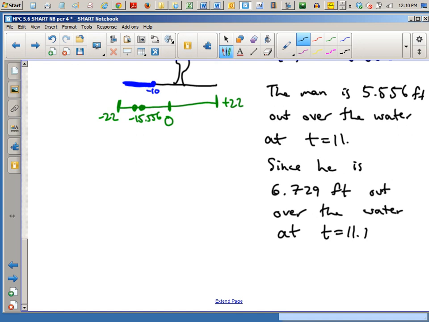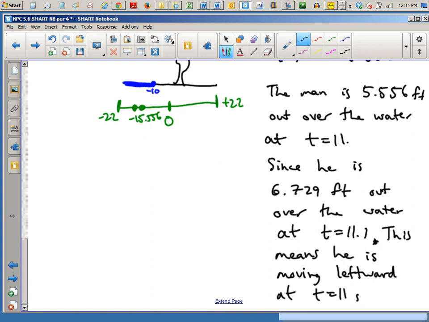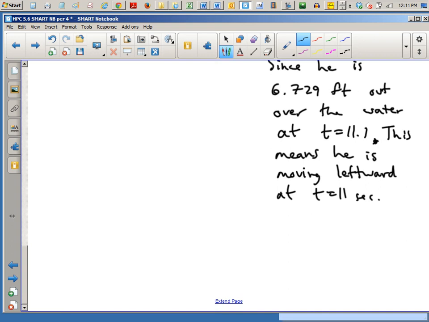I can tell by these two positions that he's moving leftward at this instant, see? So my justification is what I just wrote, and then I can put, this means he is moving leftward at t equals 11 seconds. So without calculus, it's kind of hard to show the direction of motion, but I used t equals 11 and t equals 11.1, and I saw that he had moved a foot to the left. So that means he's moving leftward, obviously.